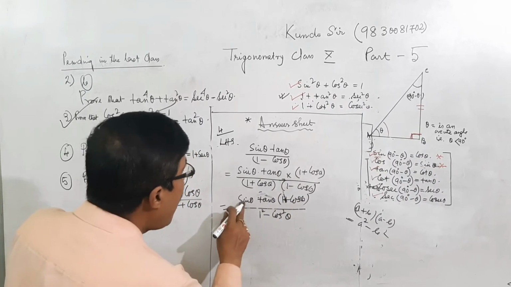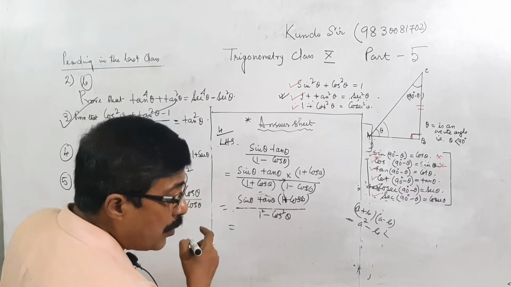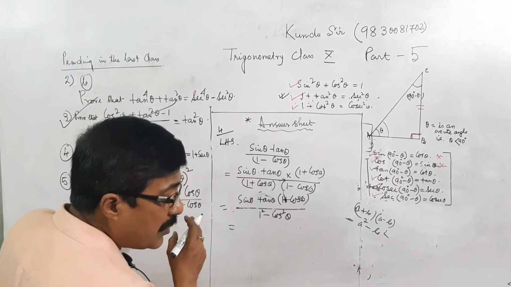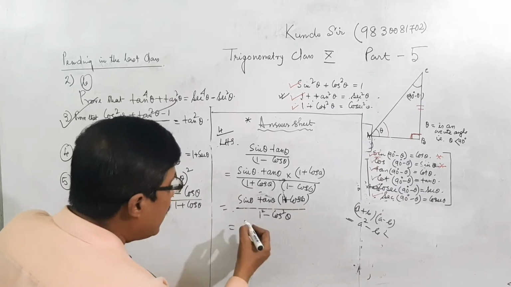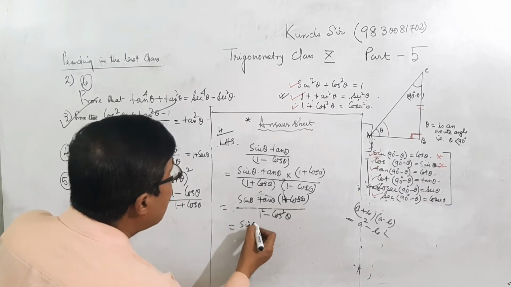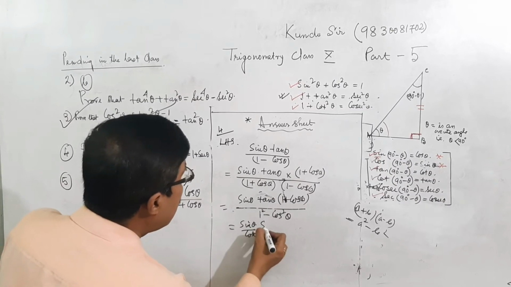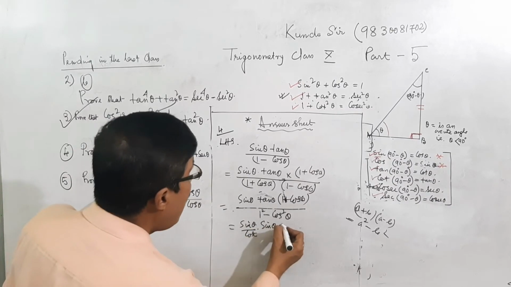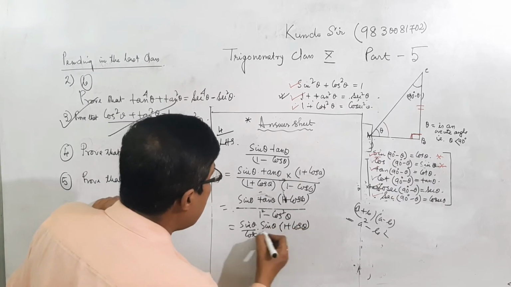Now we are splitting tan theta as sin theta by cos theta, so sin theta into sin theta by cos theta, because tan theta equals sin theta by cos theta, and then 1 plus cos theta.